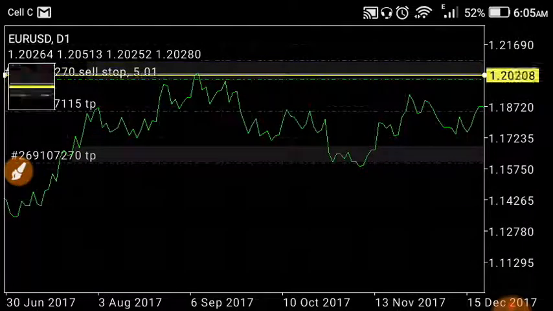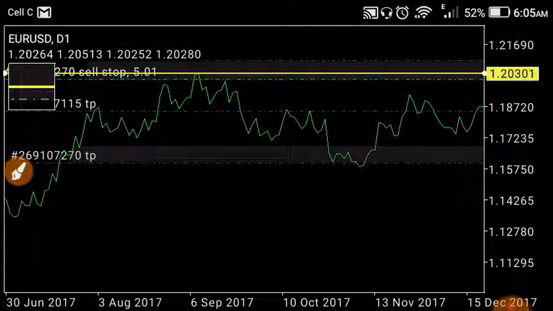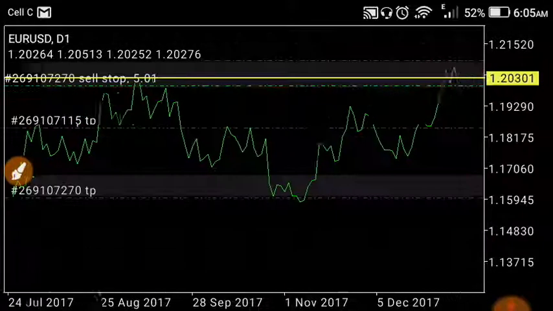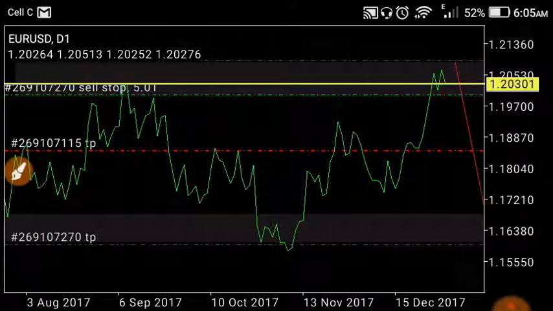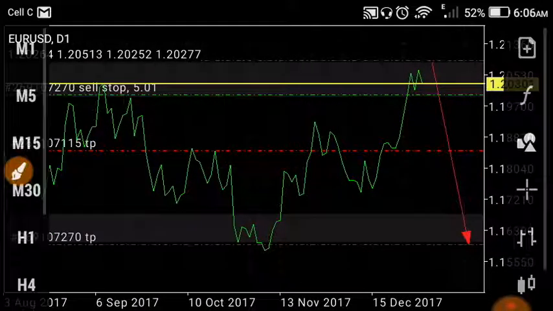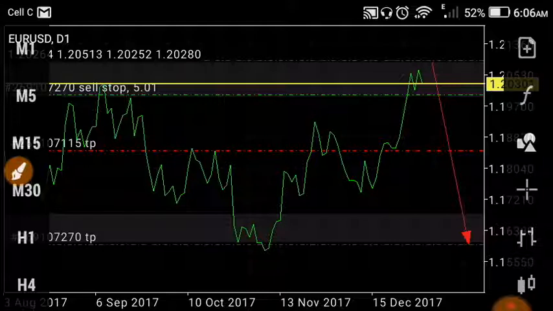Now the top of this is here. This is where the resistance is, and as you can see, currently it broke above that resistance on a daily chart, and now we have a newer high.